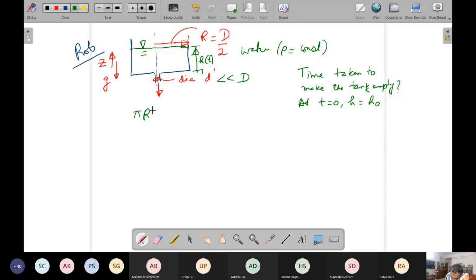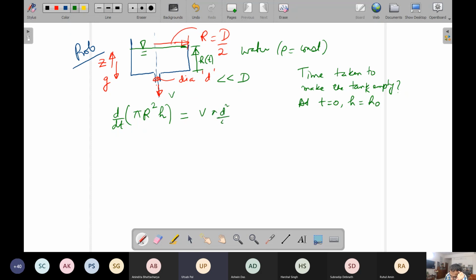Pi r square into h. So d/dt of this, that is what you are saying, right? Yes. So what is equal to this? Equal to v into the velocity from that small hole. Okay, so this is v into pi d square by 4.